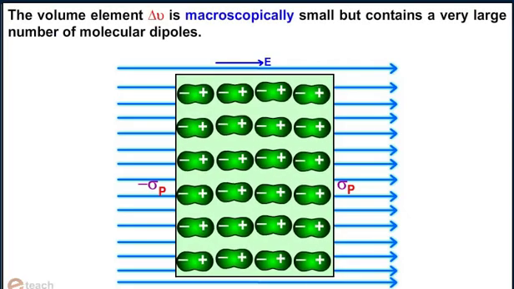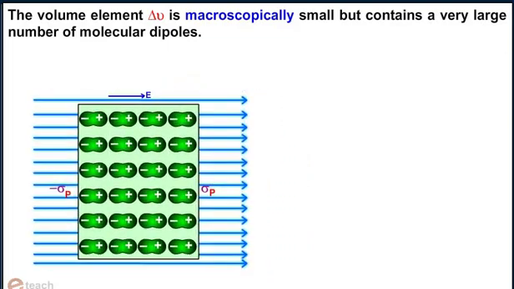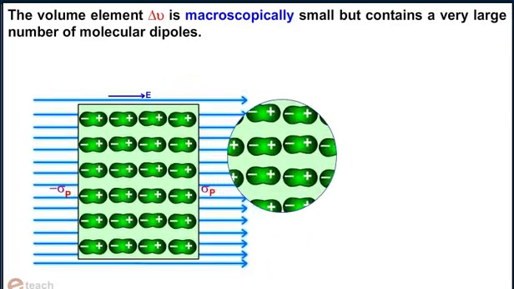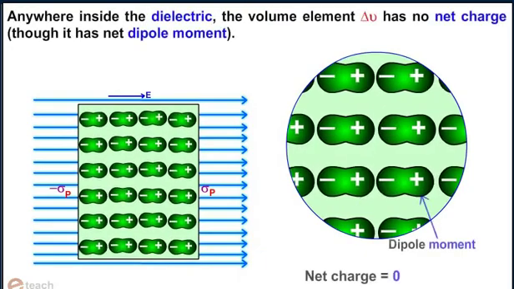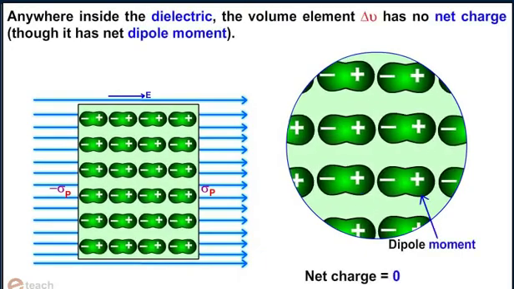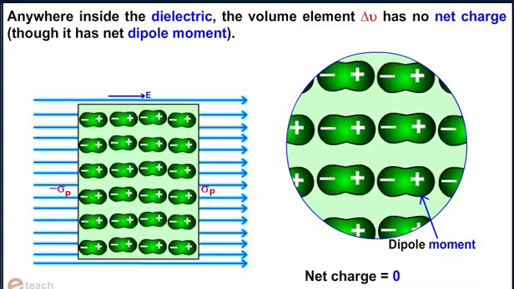The volume element ΔV is macroscopically small but contains a very large number of molecular dipoles. Anywhere inside the dielectric, the volume element ΔV has no net charge, though it has net dipole moment.